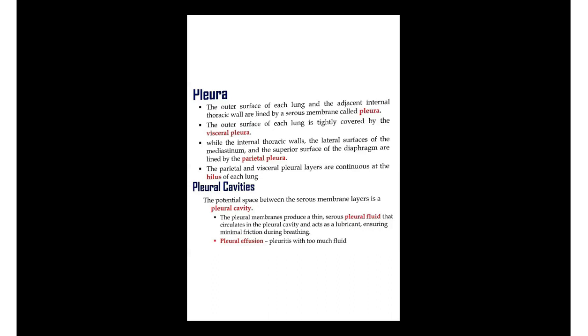The outside surface of each lung is tightly covered by the visceral pleura, while the internal thoracic wall, mediastinum and superior surface of the diaphragm are lined by the parietal pleura.